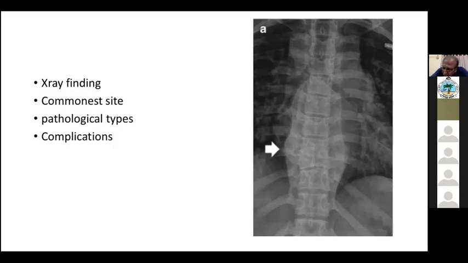The anterior branch is usually by the side of the sternum, so it doesn't usually cross the sternum. So if you see an abscess in front of the sternum, it is unlikely to be a cold abscess from a spinal lesion. It can be due to tuberculosis of the sternum, but not a cold abscess, because the anterior branch will not cross the sternum.